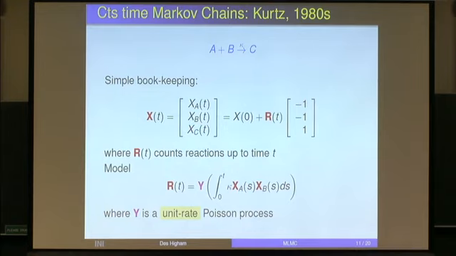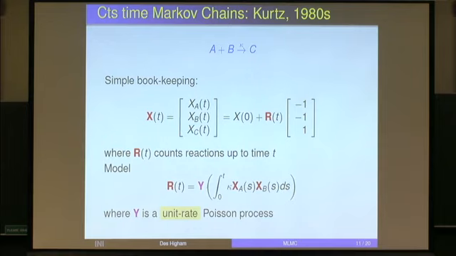The standard chemical master equation type of propensity function would lead you to this conclusion, that R of t is a unit rate Poisson process, Y, with this internal clock. This is the rate at which the parameter inside the Poisson process is changing. And it's given by the propensity function, the classic propensity function for this reaction, integrated appropriately.